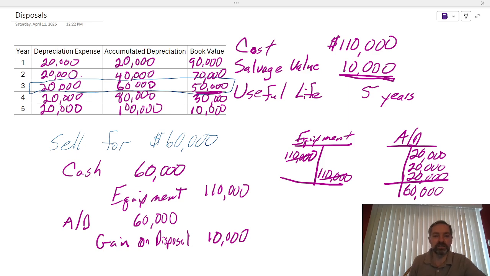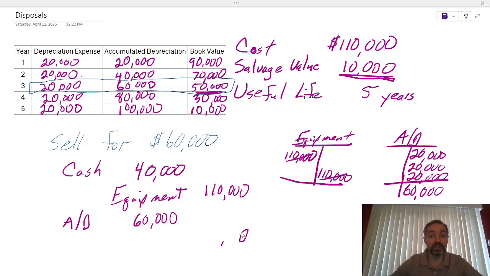If it's a loss, in other words, we sold it for less than the book value. Let's say we sold it for $40,000 instead of $60,000. Then we would need a $10,000 debit. Losses are kind of like expenses in that we debit them and it shows that we lost value.